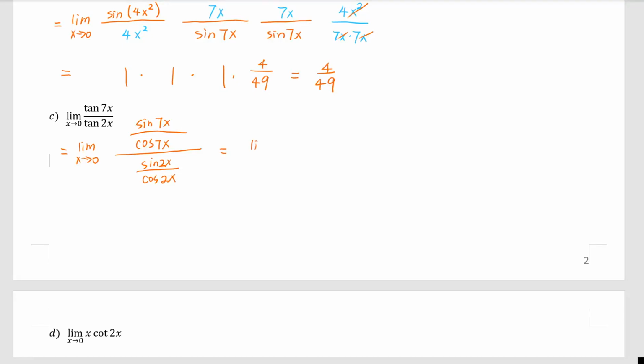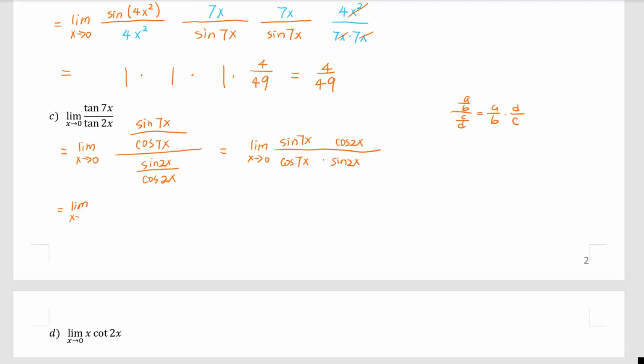Every time you see a fraction in a fraction, simplify it. Remember, a over b over c over d is a over b times d over c. So sine 7x is on top, cosine 7x is in the bottom, sine 2x is in the bottom, cosine 2x is on top.